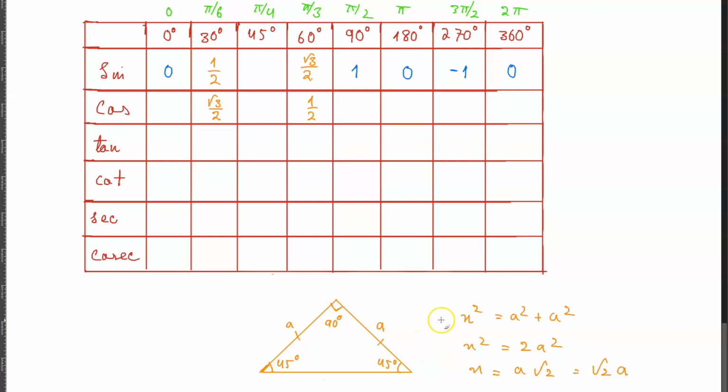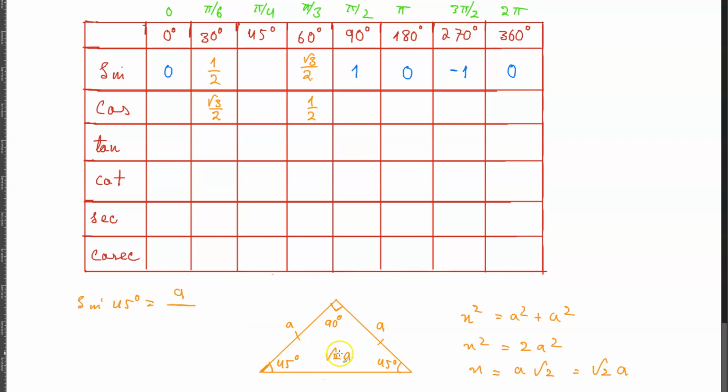So this side becomes square root of 2 times a. Now, if I want to calculate, for example, the sine of 45 degrees, this is my hypotenuse, and the side in front of that 45-degree angle is a.